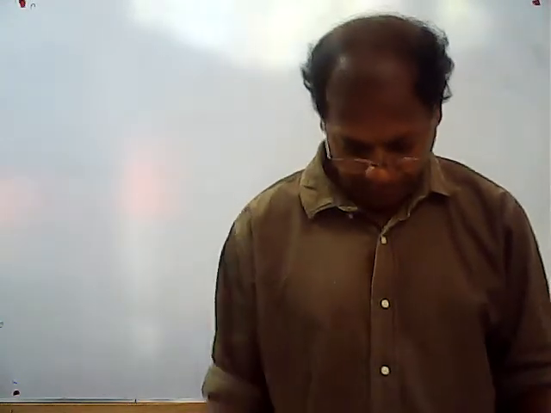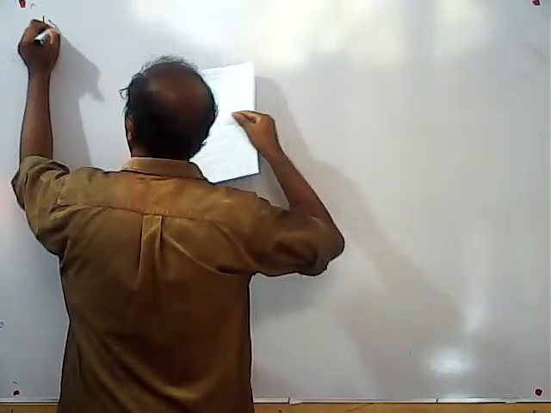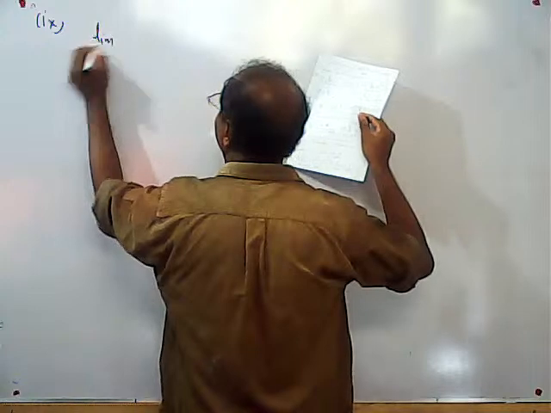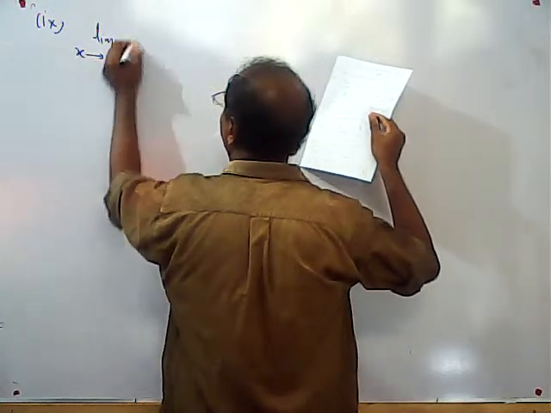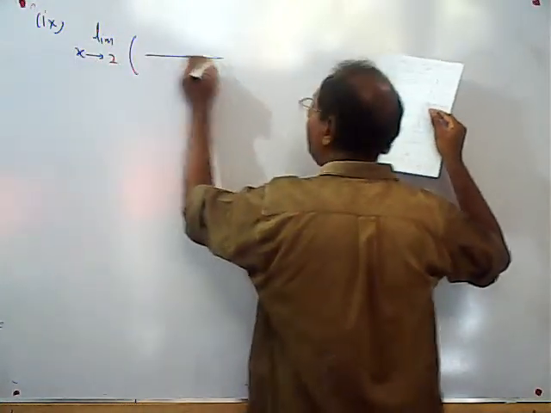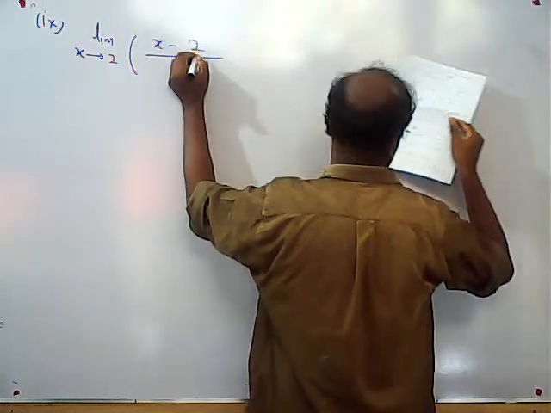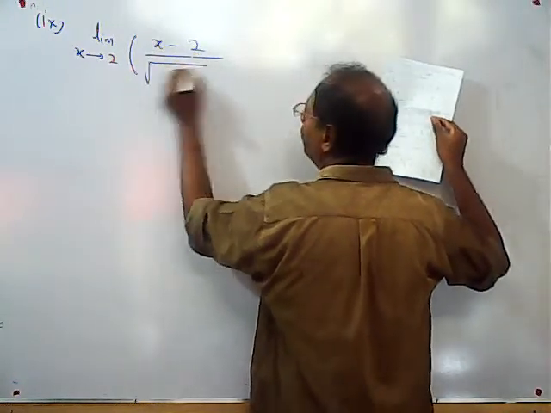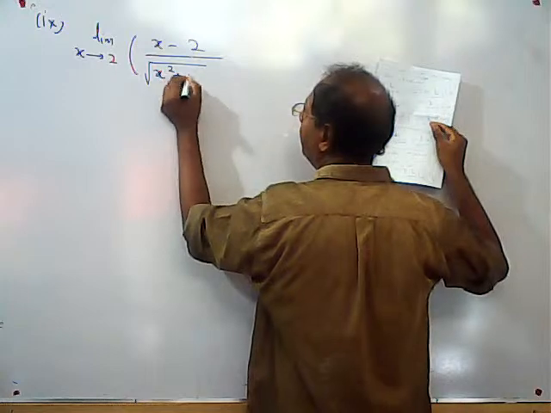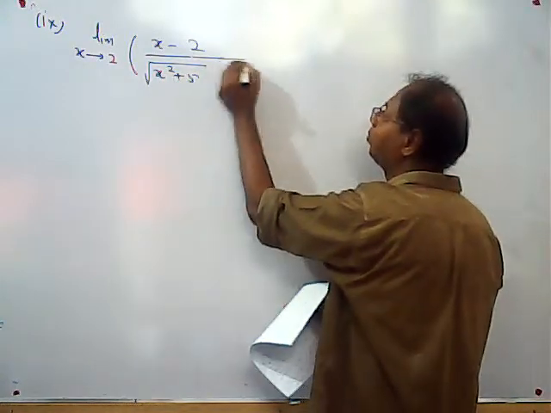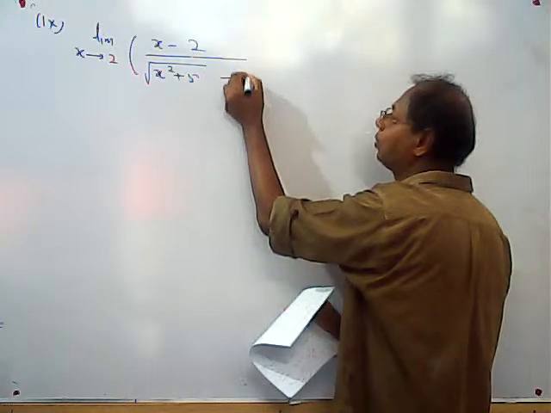The question, in fact, this last question, question number 9, has to be this limit as x goes to 2. I gave x minus 2, it is correct. x minus 2 numerator is correct. Divided by root of x plus 5. This is also correct. But then the next part, it was root of 5.